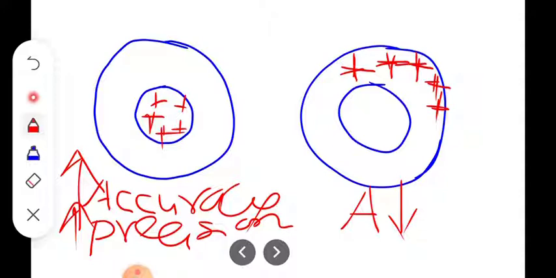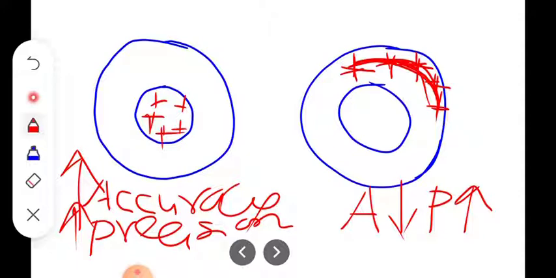The distance between each and every arrow is not much, meaning there is closeness between the arrows. That's why we can say that the precision is higher. The distance between the arrows is not much, but he has missed the bull's eye. That's why the accuracy is lower and the precision is higher.